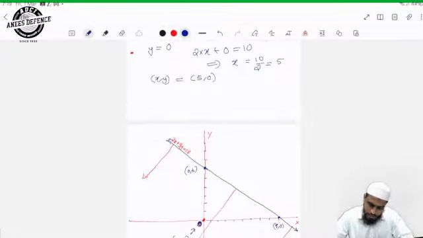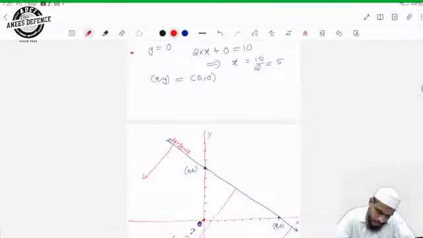So 0 comma 10, that means on the y-axis. So this is 7, 8, 9, 10. Here you can extend a little bit. So this is our y-axis, and this is our point 6, 7, 8, 9, 10.